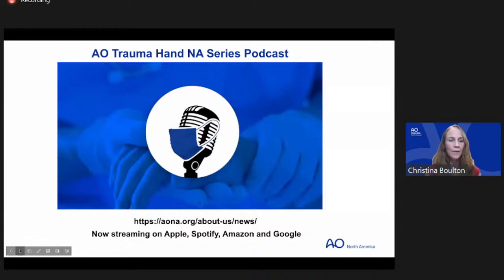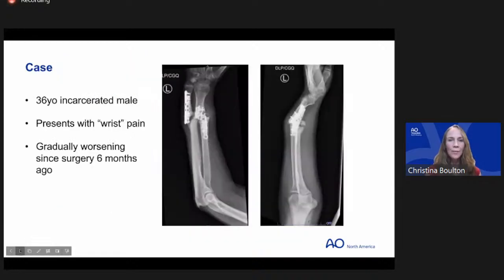So just to plant the seed, this is a patient that came into my clinic last year, actually. Someone I'd never seen before, a 36-year-old incarcerated gentleman who just came in with wrist pain. That's all he complained of. And these are the x-rays that we obtained in our clinic. He said his wrist pain has been gradually getting worse over the last 6 months since he had a surgery. And that's kind of the extent of the history that we get, really.